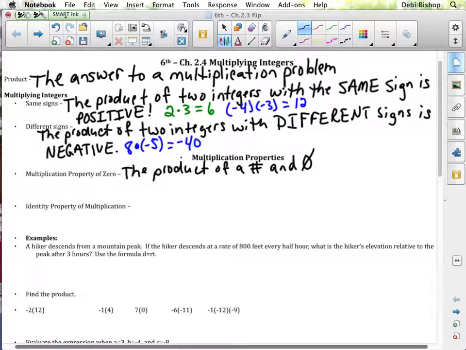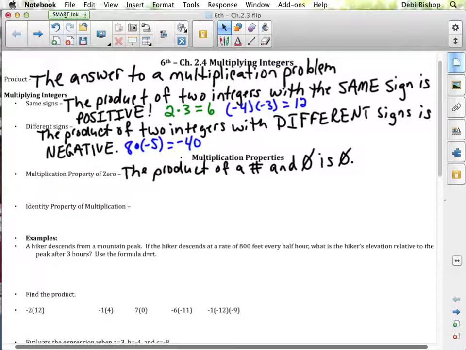I put a line through my 0 so you know it's a 0, not an O. So I think pretty much we know this, but this is a property. So anything times 0 is 0. If I have negative 36 and I multiply it by 0, your answer is 0.